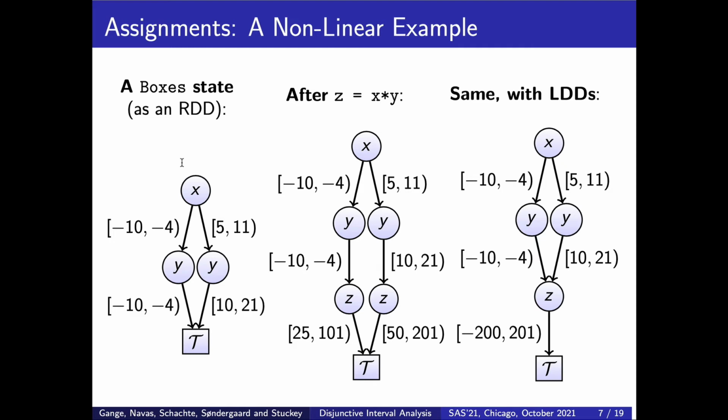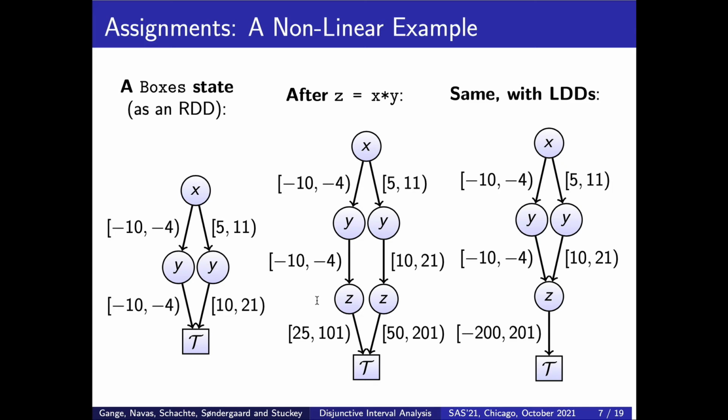And so in this example here, we basically traverse this RDD. We keep track of the partial product xy so far, and then at the level for z, which is here, we create the relevant node.